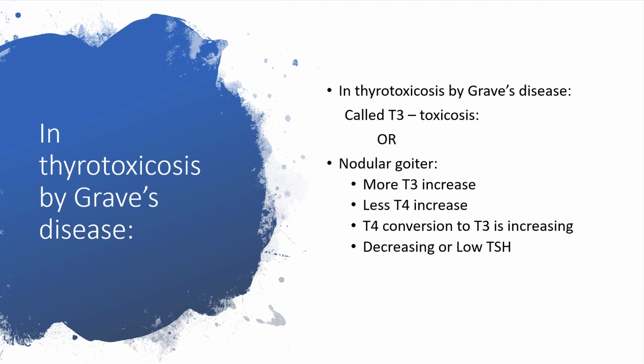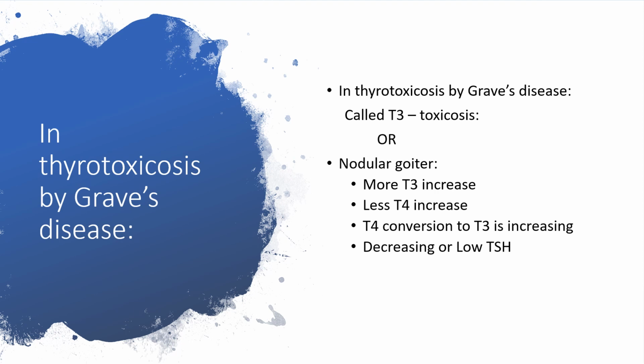What's happening? Yes, T4 conversion to T3 is increasing. That's why we are finding more T3 compared to T4. Although T4 is not low, it's also high. Okay. And then when we assay the TSH, it will be low or decreasing.